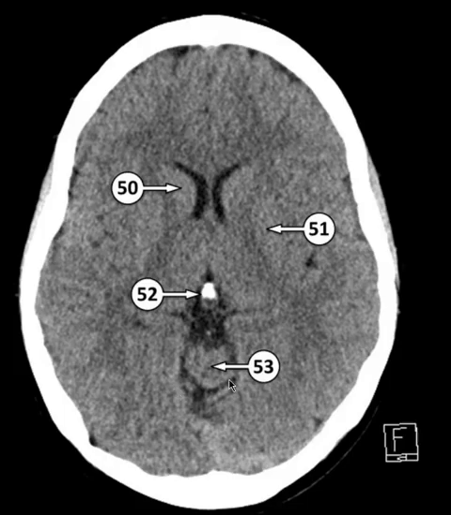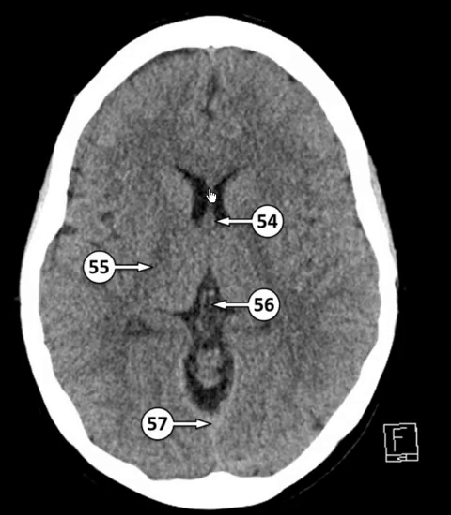53 posteriorly, this is the superior vermis of the cerebellum. 54 in the midline is the column of the fornix. 55, this is the posterior limb of the internal capsule. 56, this is the internal cerebral vein.